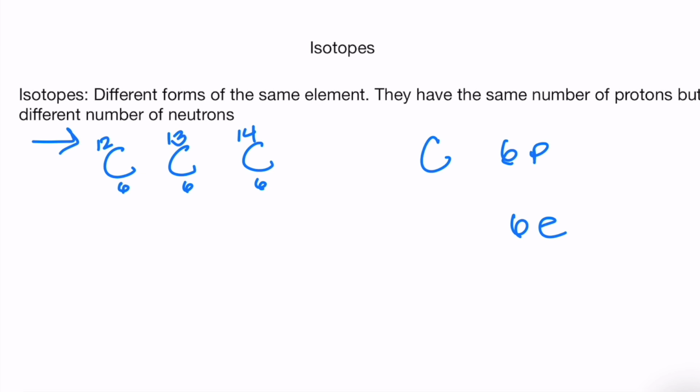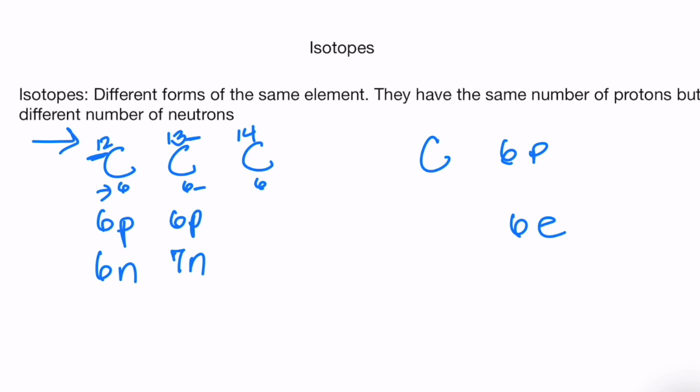C12, which is the first one on our list, it has 6 protons, right? Because we see the atomic number right there. And it has 6 neutrons because we see the mass number right there is 12. C13 has 6 protons, but it has 7 neutrons. How do we know that? 13 minus 6 is 7. So it has 7 neutrons.